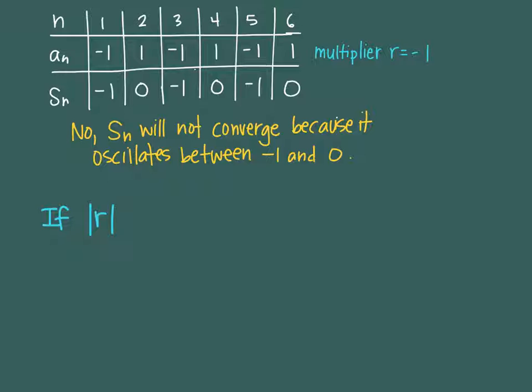All right, to summarize all that together, if the absolute value of the multiplier is less than 1, then S sub n will always converge.